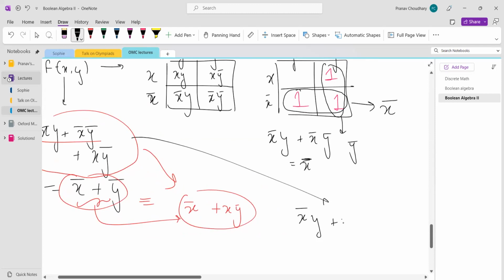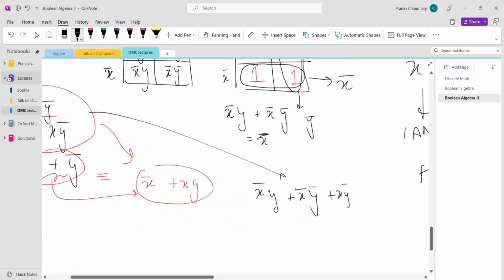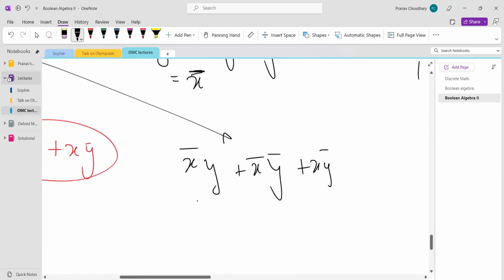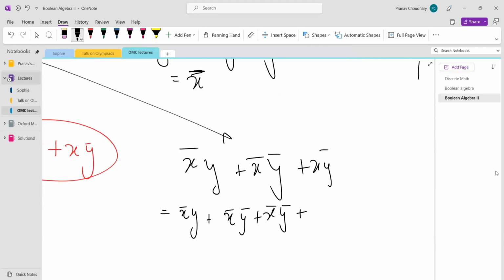See, we have x conjugate y plus x conjugate y conjugate plus xy conjugate, right? And I told you in the beginning, it's wise sometimes to consider A as A plus A. So it's wise to consider this as A plus A. Then these two terms will give you x conjugate and these two terms will give you y conjugate.